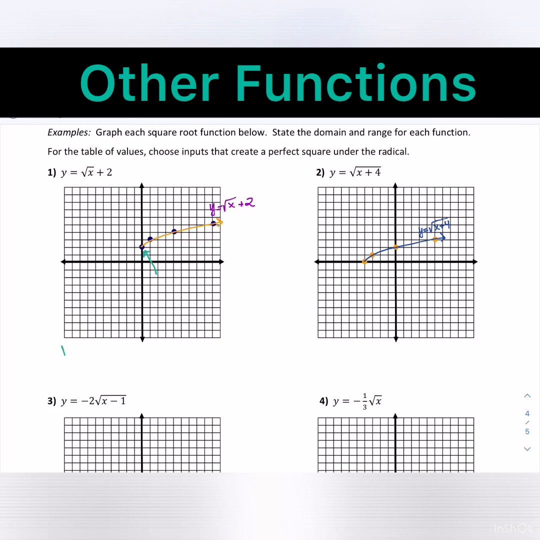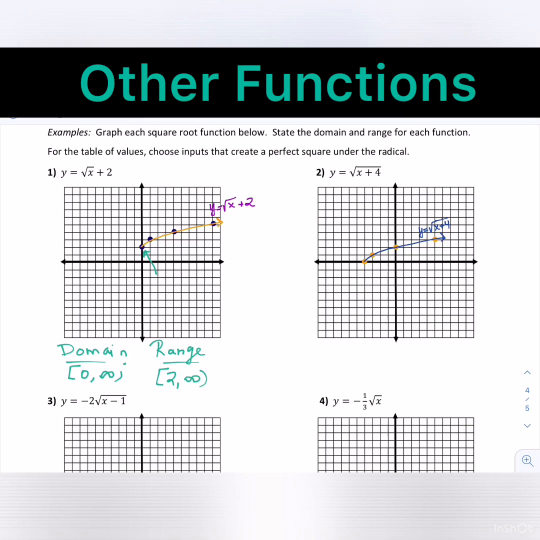The domain in this particular question is going to be from 0 to infinity. And the range, well, the lowest this point ever gets is at 2, but it does continue to go higher, so it's going to be from 2 to infinity.